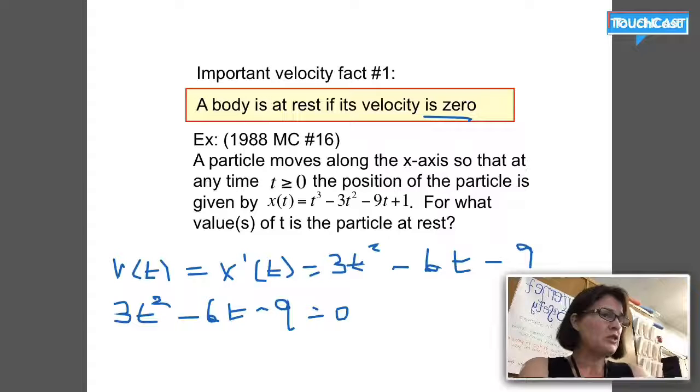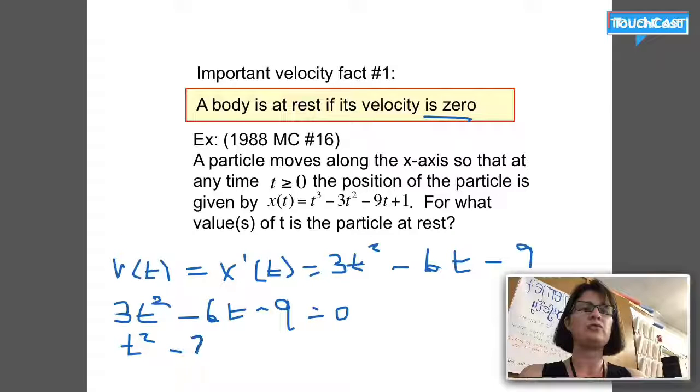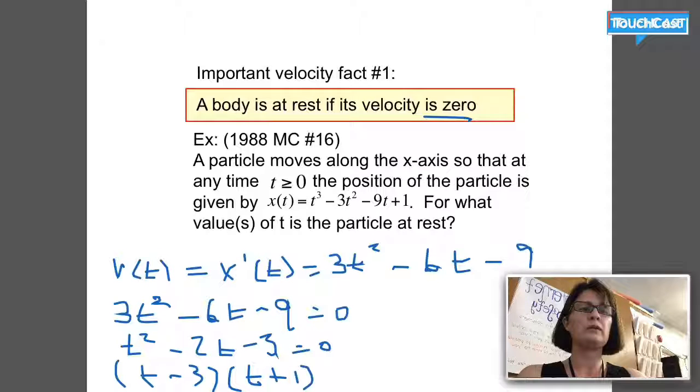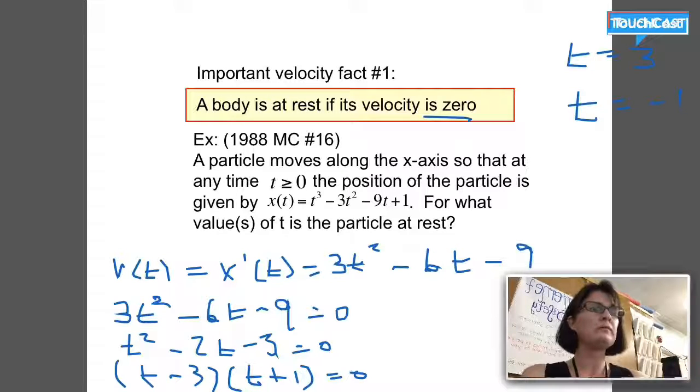And now all I have to do is solve this equation. So I'm going to divide everything by 3. I get t squared minus 2t minus 3 equals 0. I'm going to factor this as t minus 3 times t plus 1 equals 0. And that has two solutions: time equals 3 and time equals negative 1.